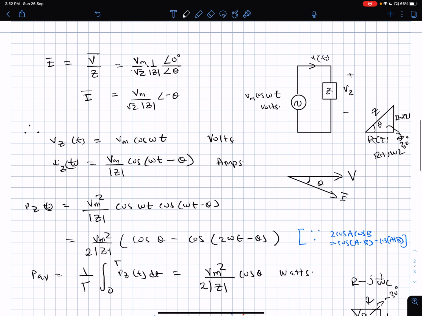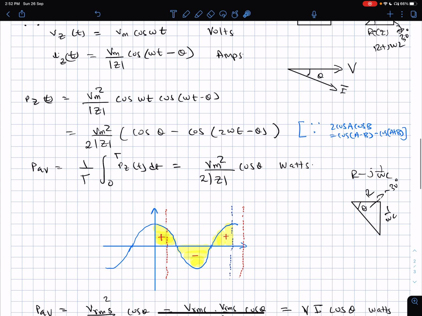Whatever it is, in polar coordinates it is shown as magnitude of Z times angle theta. When you do this complex arithmetic in polar coordinates, the current phasor has a magnitude of Vm by root 2 times the magnitude of Z, where the magnitude of Z is, for example here, the square root of R square plus omega square L square, or in this case the square root of R square plus 1 by omega square C square.